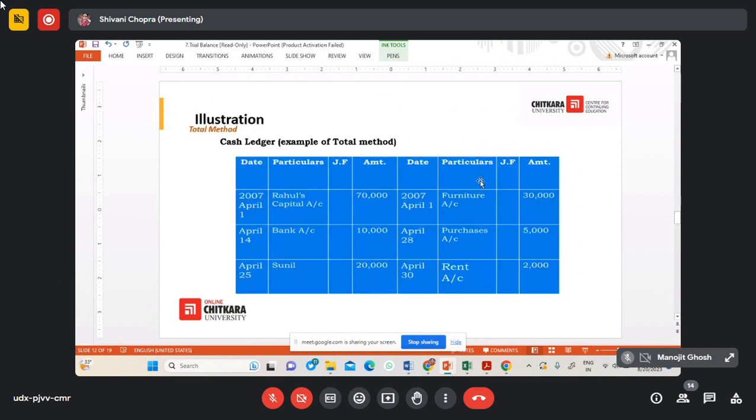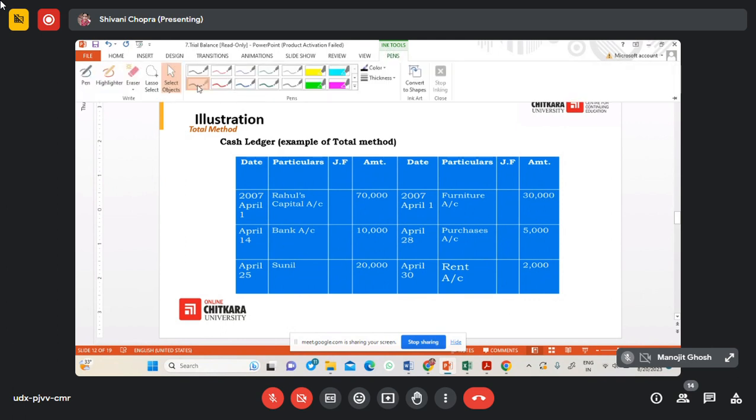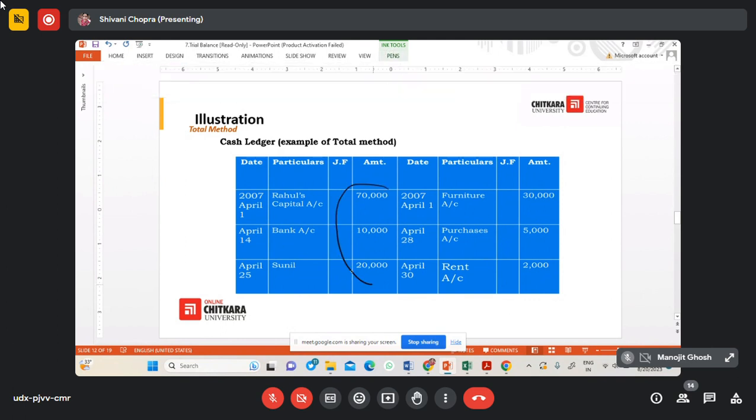Now, when it comes to the total method, what happens? We don't find the balance from the ledger account. We don't take that. All we take is the total of the debit side and the total of the credit side. You have the same ledger account, but here you would be totaling all of these, and then you will be totaling all of this.